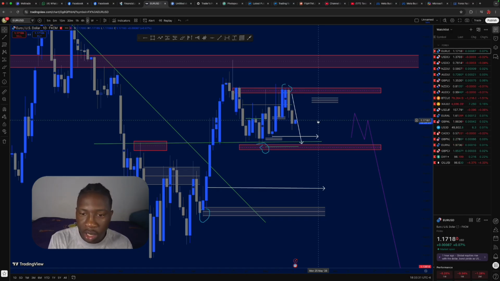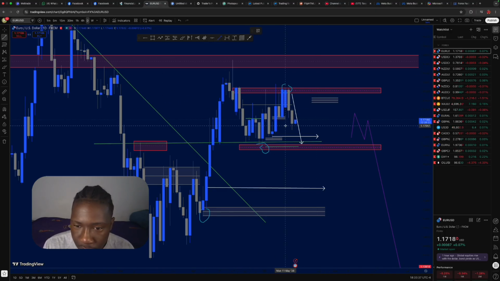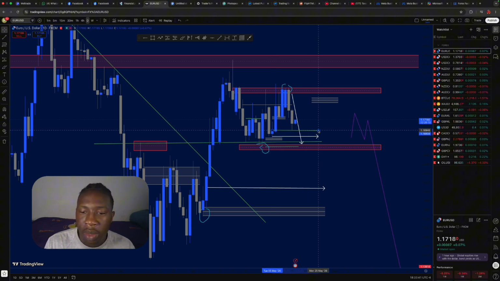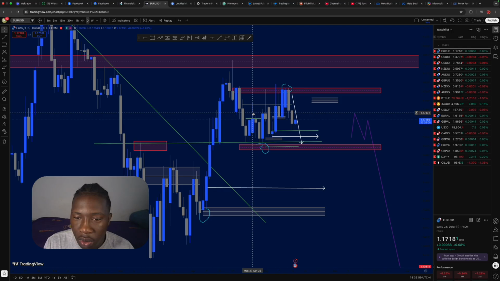So the daily is telling us the market has reached this level. If the market has reached this level, this is going to give us a confirmation that the market has a greater chance to move again to the upper side, because it came to retest.